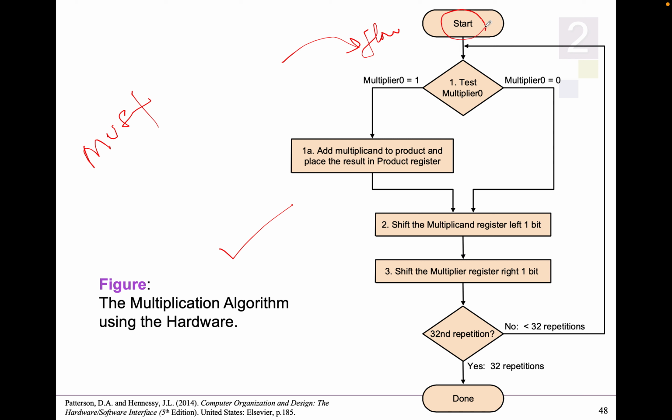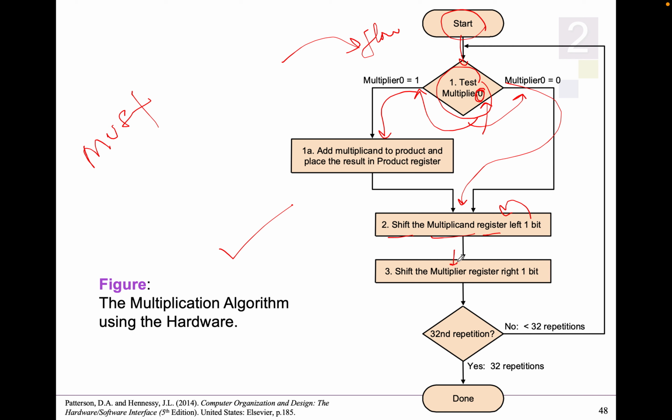You start, and after that you test the multiplier bit 0. The answer is 1 or 0. If 1, you do the add operation. If 0, you shift the multiplicand register left 1 bit.